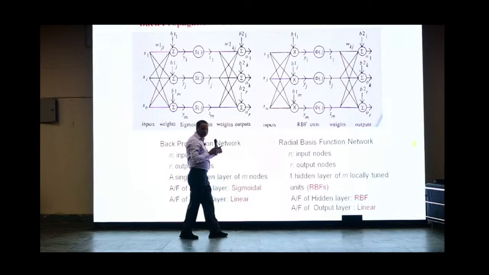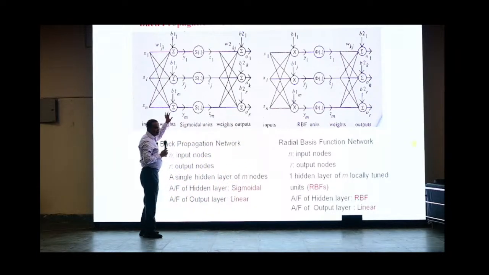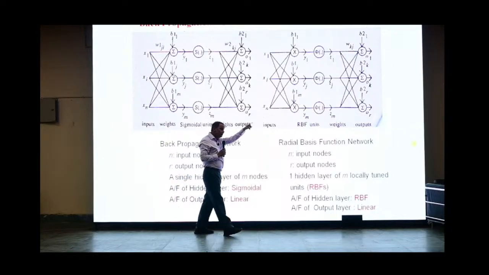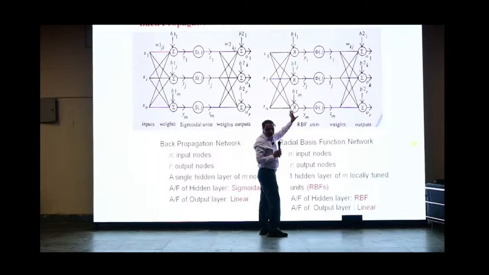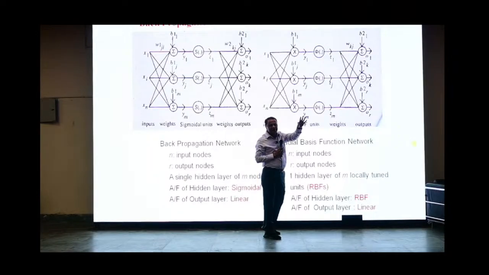Not much time, just for your understanding, let me tell you. In back propagation, the weight matrices have to be stabilized by training. But in the radial basis function, this is not a weight matrix; it is only the Euclidean distance. I hope the mathematicians can understand how an n-dimensional input vector is close to another n-dimensional or r-dimensional vector.